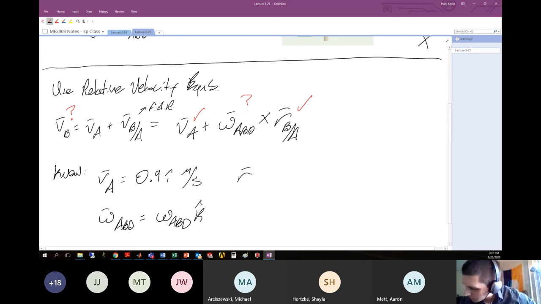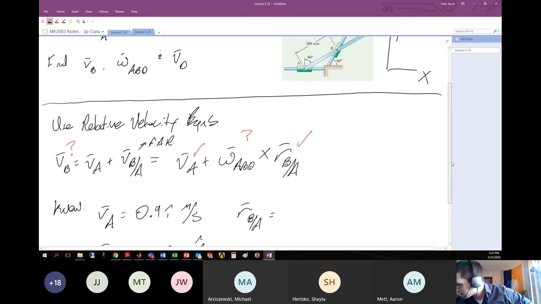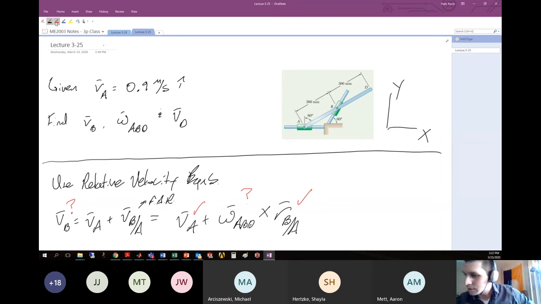Another thing we know is we can define the position vector that locates B from A. So let's go back up here and define that. If we look at our picture, we have a position vector locating B from A, or the position vector arriving at B from A, that's going to look something like this.